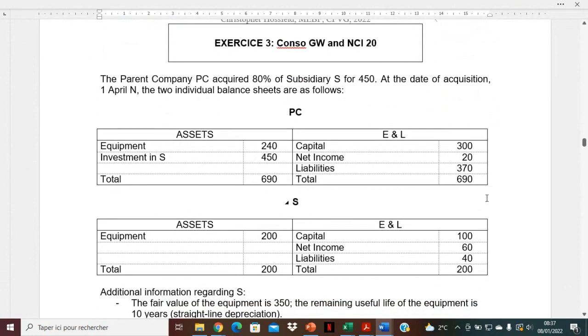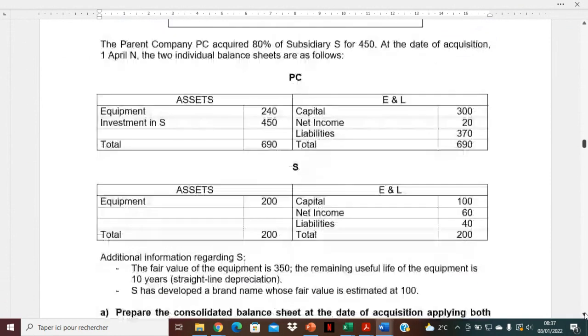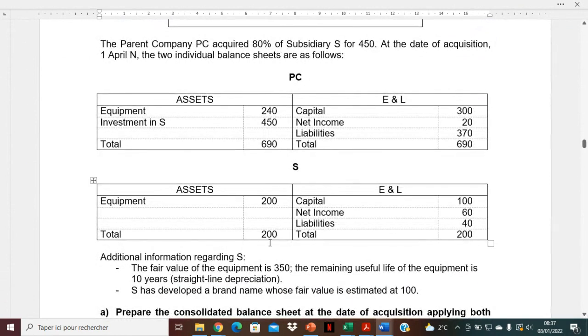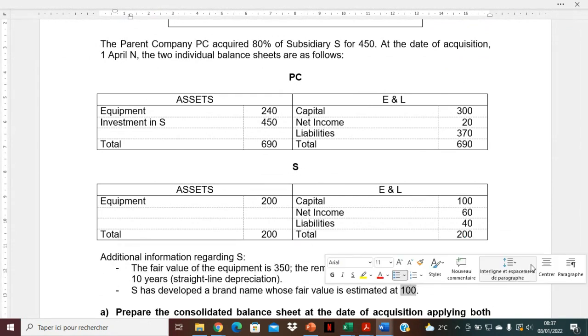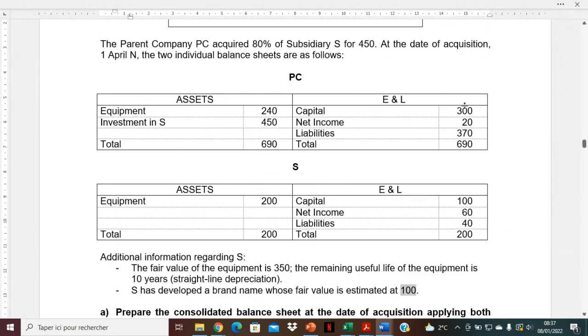We have the balance sheet of the subsidiary. It's the same balance sheets as before. And we have the additional information about the subsidiary regarding the fair value of the equipment, which is 350, like in the previous example. And we have developed a brand name whose fair value is estimated at 100. So exactly the same thing as before in exercise number 2.